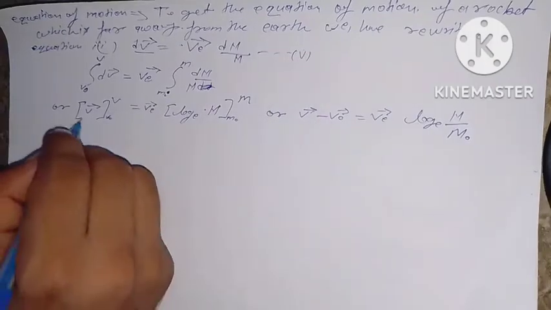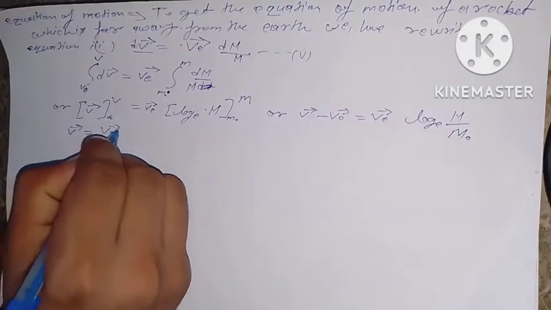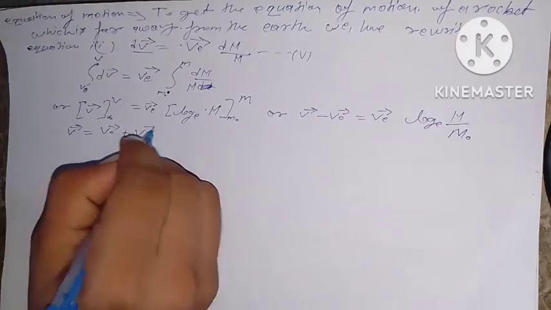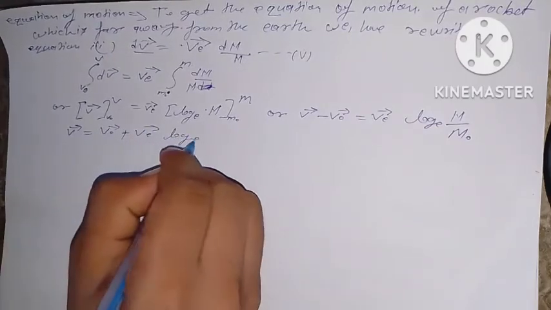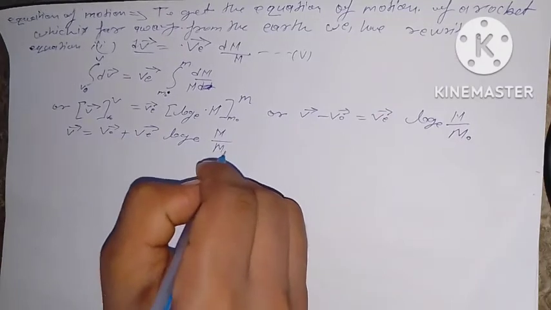Vector v equal to v naught vector plus ve vector log e M upon M naught.